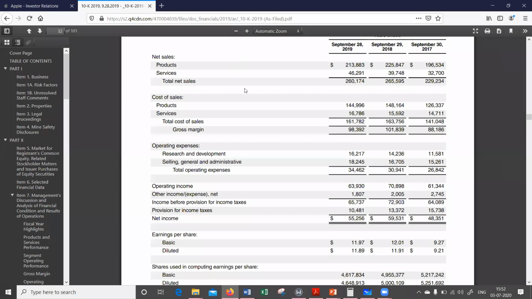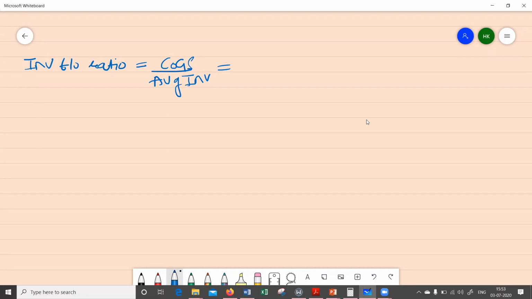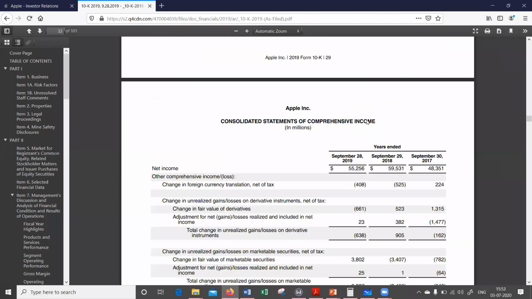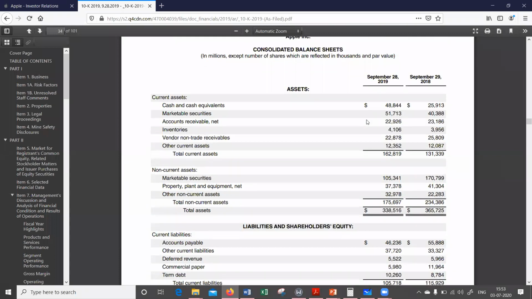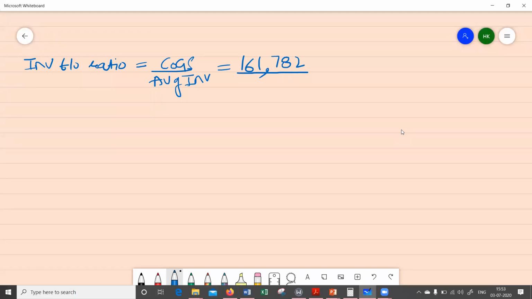The cost of goods sold in our case is 161,782, divided by average inventory. I'm going to calculate the average inventory somewhere here.